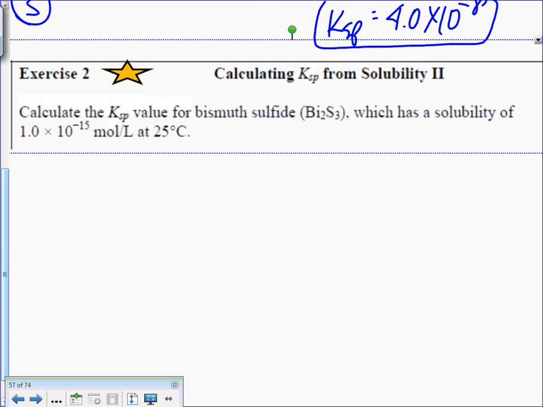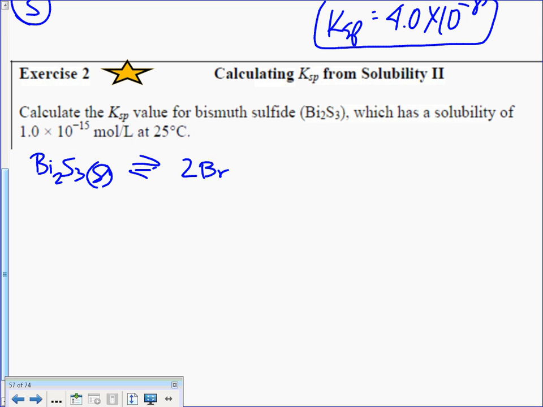Bismuth 3 sulfide, Bi2S3 solid, equilibrates to 2 bismuth 3 plus and 3 sulfide 2 minus. Okay, so we can see the ions formed are just uncrossing the charges.